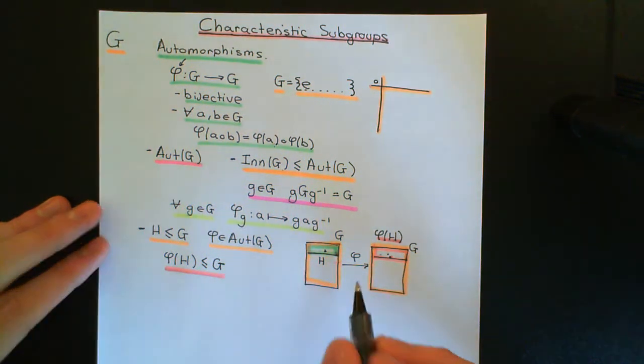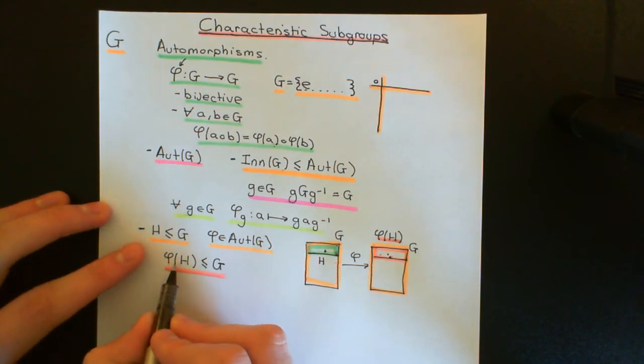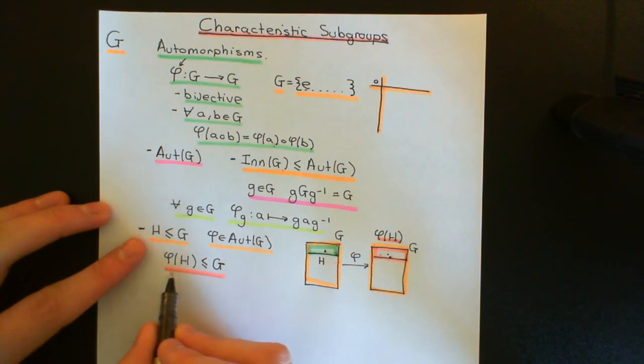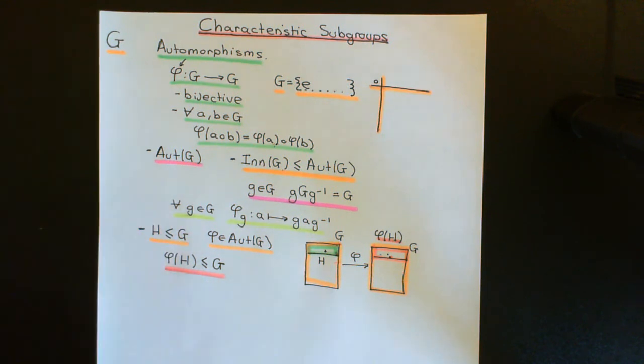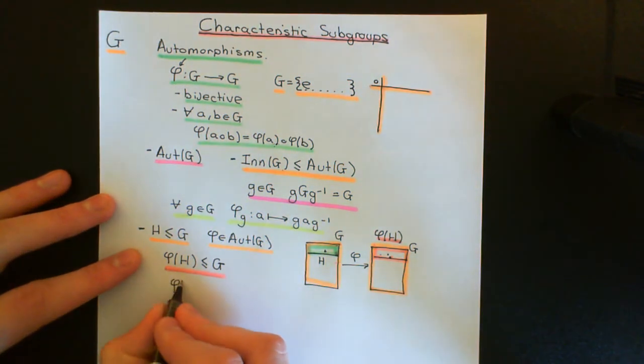So here's the claim: when you take phi of a subgroup of your group, so if H is a subgroup of your group, and you take the image of that, you are going to end up with another subgroup of G that is isomorphic to your initial subgroup.